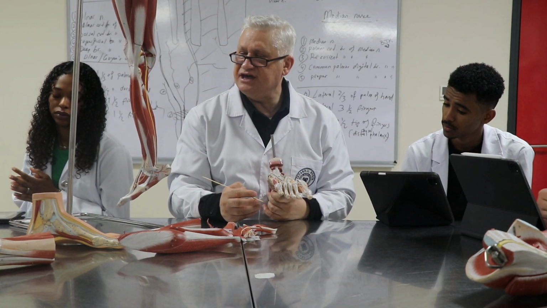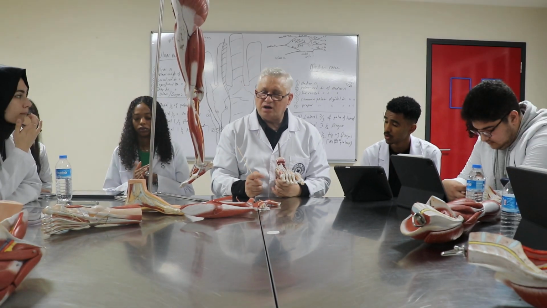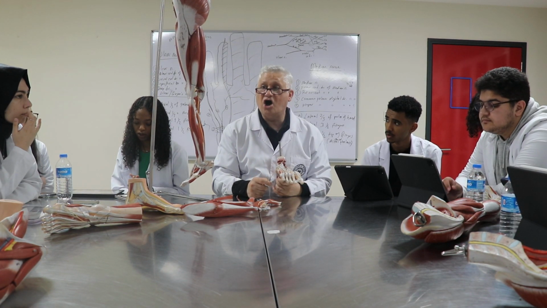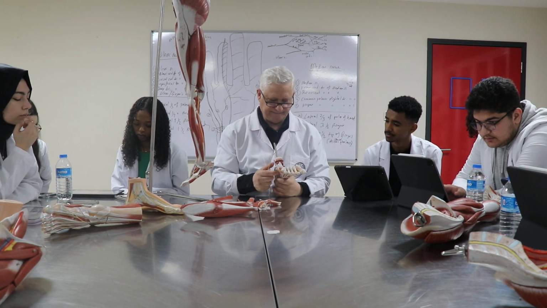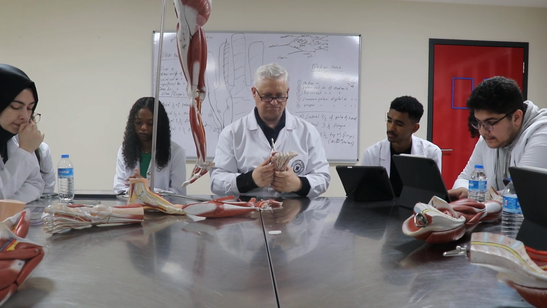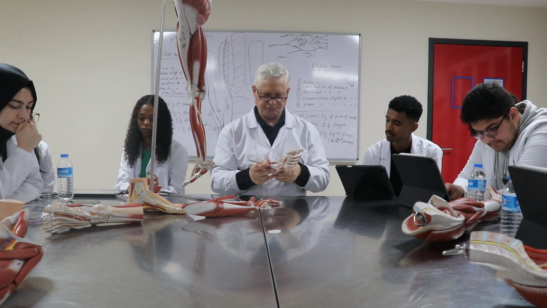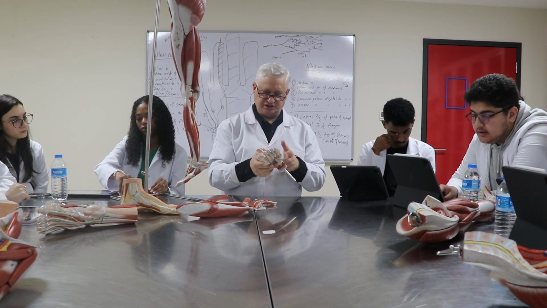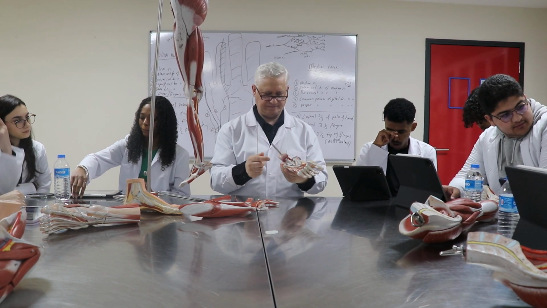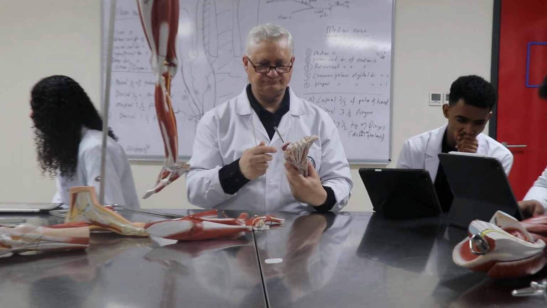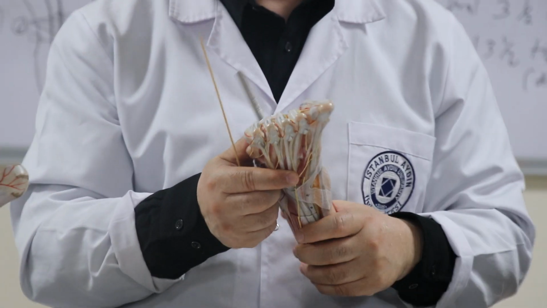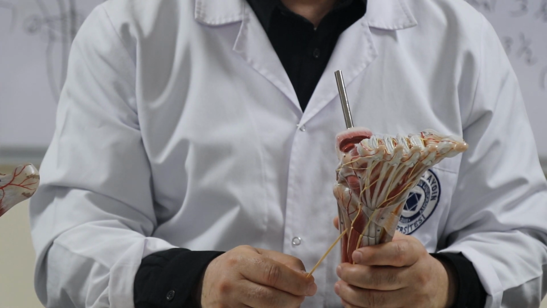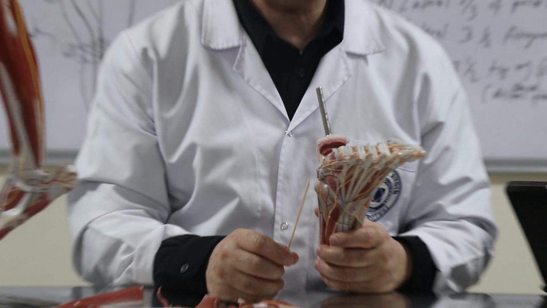Just like in the hands, all the palmar and dorsal interossei are innervated by the ulnar nerve. Right, ulnar nerve. Okay, so basically we covered everything here. Okay, that's about it.